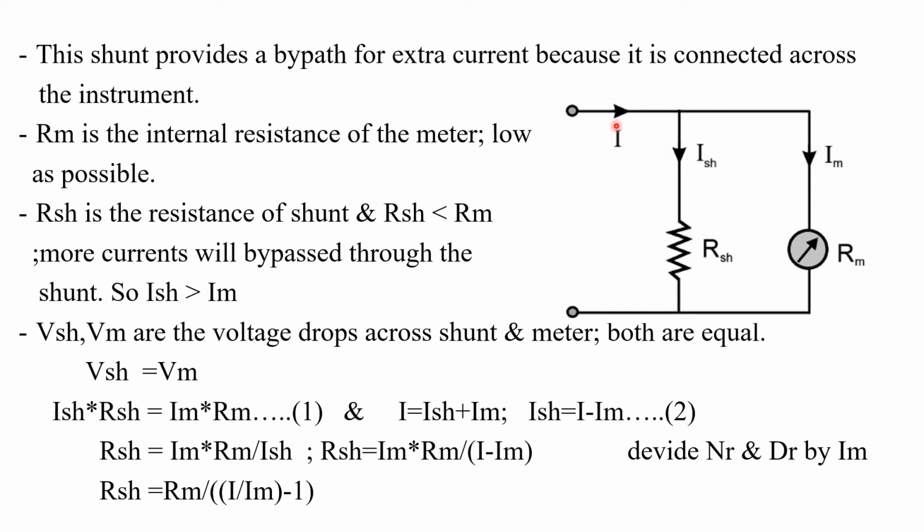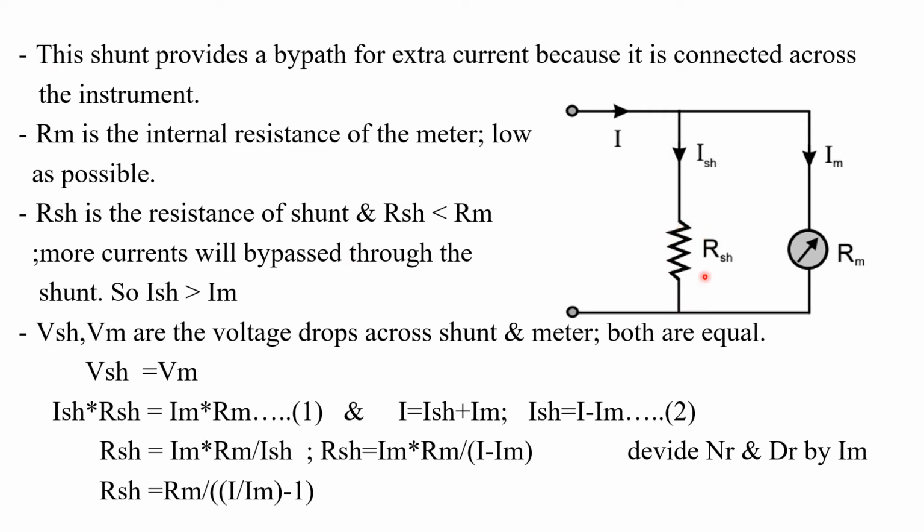So it is necessary to provide a bypass for the excess current, and for that we use this shunt resistance. The current that flows through the shunt resistance will be ISH.